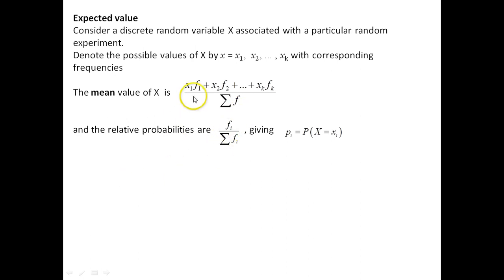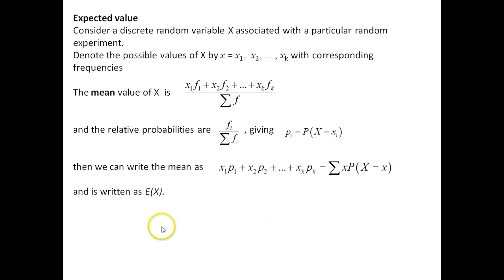The relative probability of each xi occurring is the frequency of that xi, how many times it's occurred, over the total possible. So each pi, the probability of each xi occurring, is written as the probability of that xi belonging to x occurring.